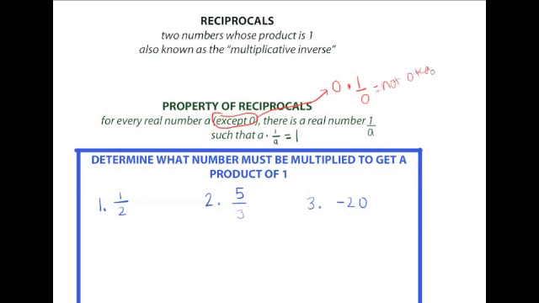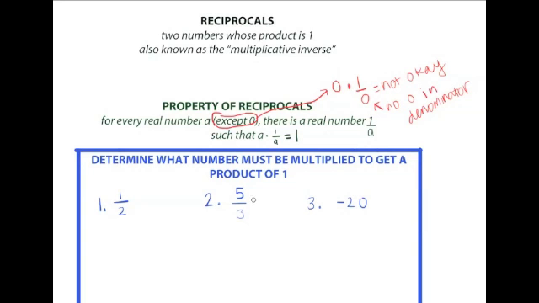We can never have a 0 in the denominator. And just to review, a denominator in a fraction is the bottom part and the numerator is the top of the fraction. So we can never have a 0 in the denominator. That's why it's an exception for 0, because 0 does not have a reciprocal. Everything else does, though.